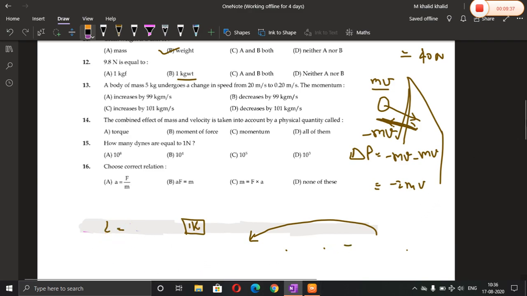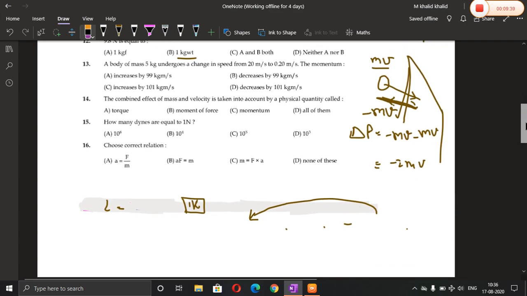Now we have to find out the change in momentum, so delta p will be final momentum minus initial momentum.